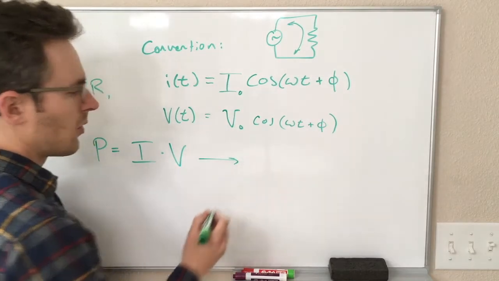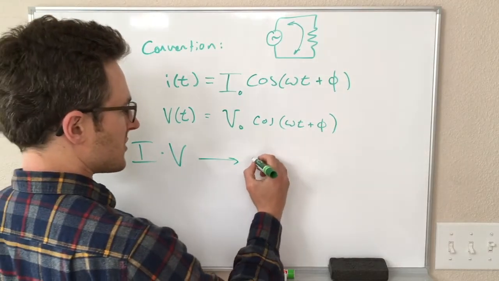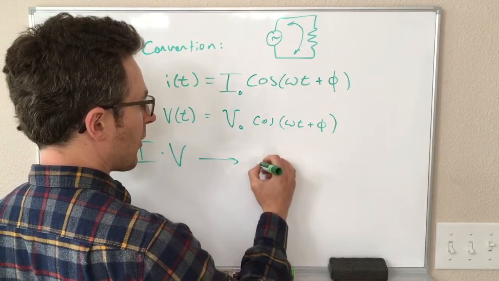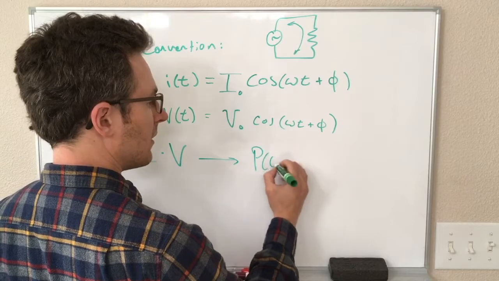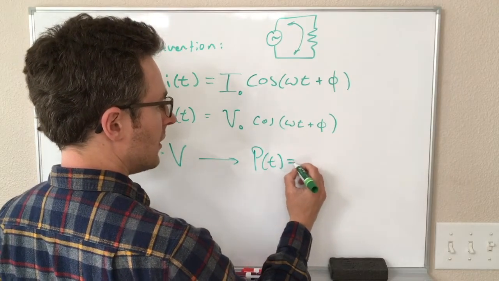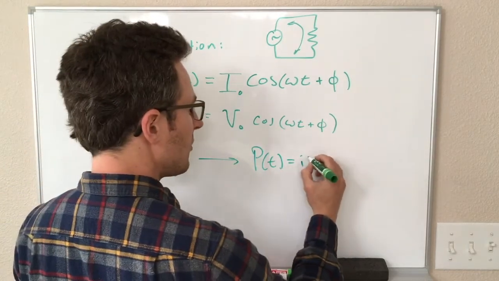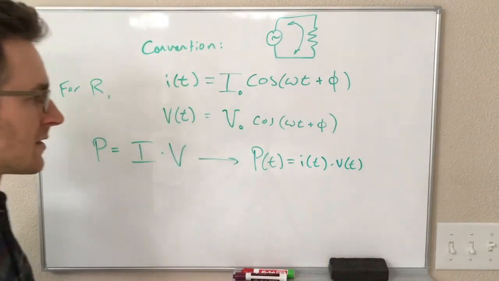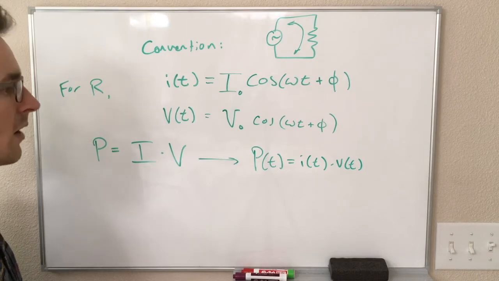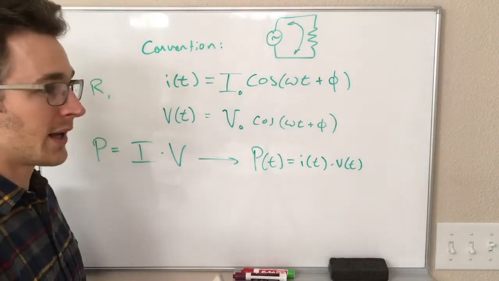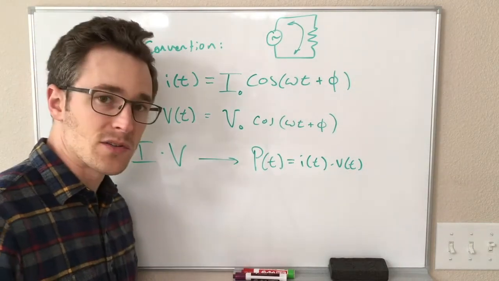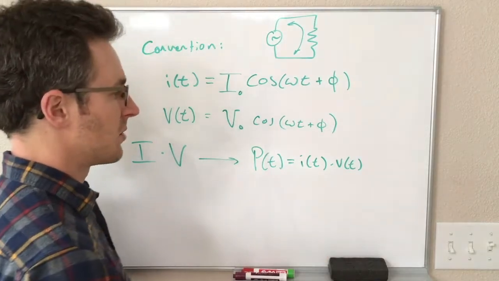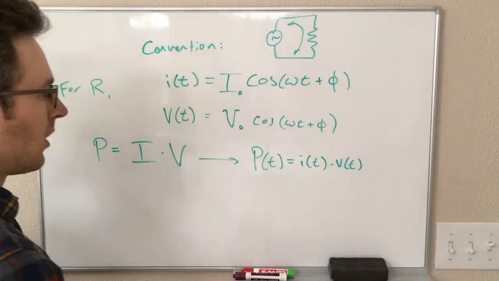So really what we end up with here is some instantaneous power. So the power dissipated at time t is equal to the current at time t times the voltage at time t. And this is true at any point in time. We can have points in time when our power is larger and points in time when our power dissipated is smaller.